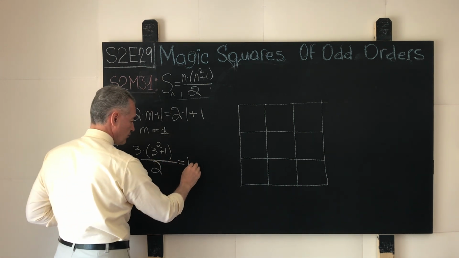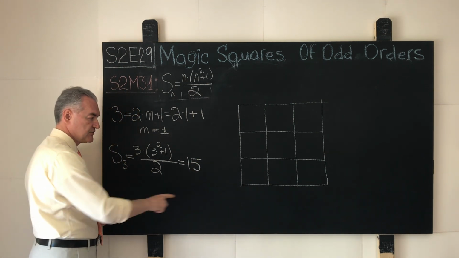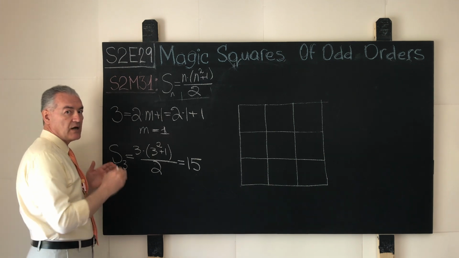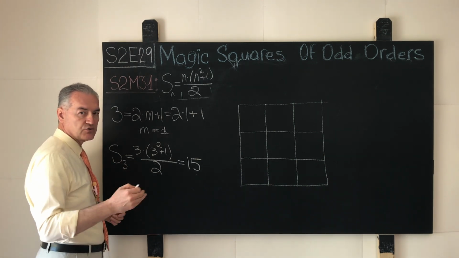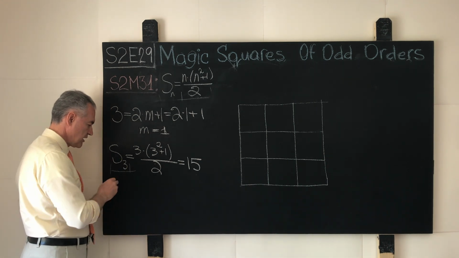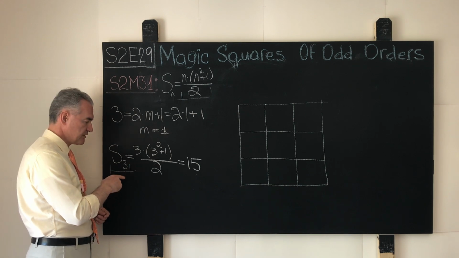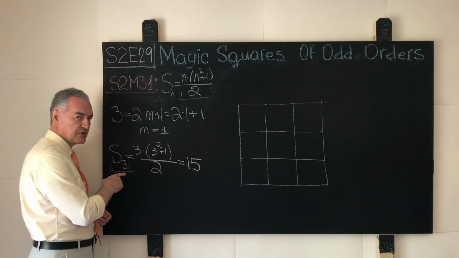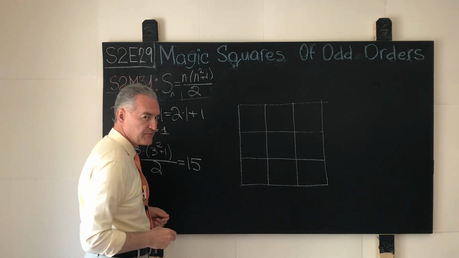So the constant of the magic square of order 3 is 15 if we are to fill our magic square of order 3 with consecutive positive numbers 1, 2, 3, and so on till 9. And again, for those in the know, S3 looks like the finite symmetric group S3, but it is not. This is just a way to designate the constant of the magic square of order 3.